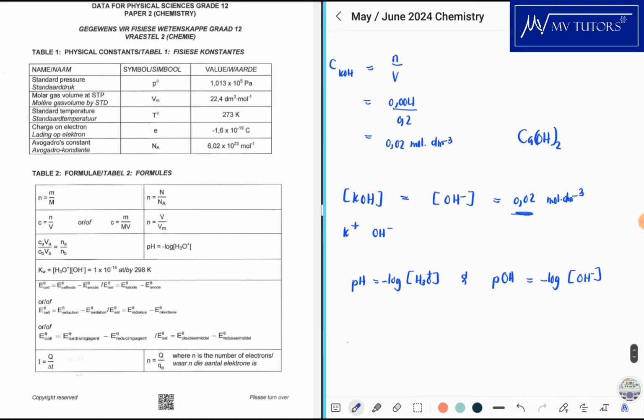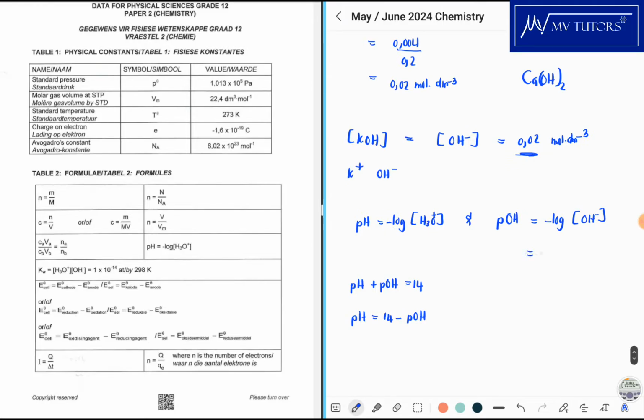And the nice thing is that pH plus pOH is equal to 14. If we want pH, it's basically going to be 14 minus pOH. But let's calculate what the pOH is.